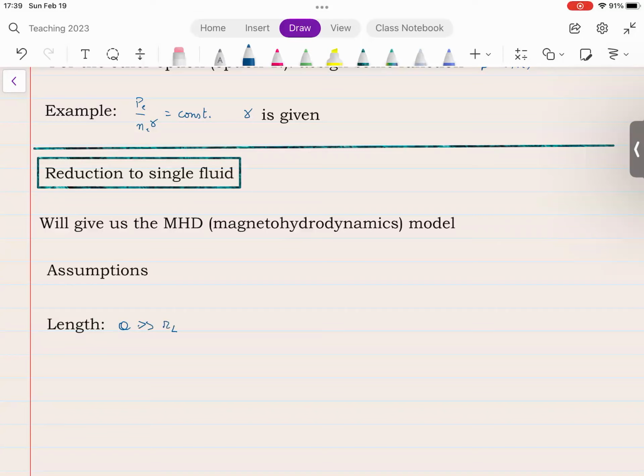Now, Larmor radius, which one? The one of the ions that's going to be much bigger itself than the Larmor radius of the electrons.